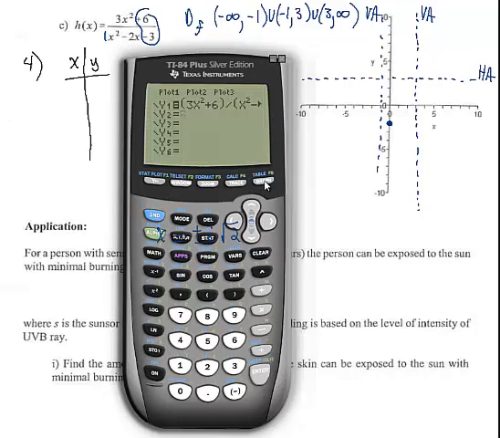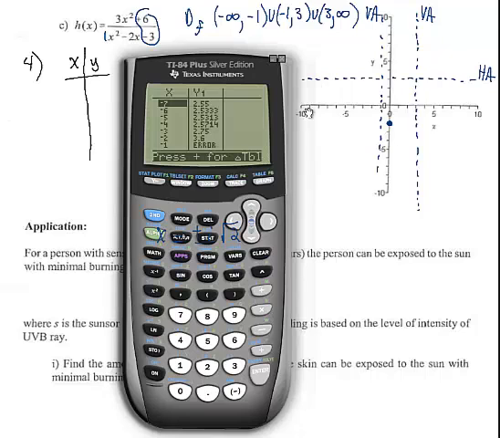And I'm going to go to the table. I want some values over here on the left, some more in the middle, and then some on the right. So I'll pick -3, -6.